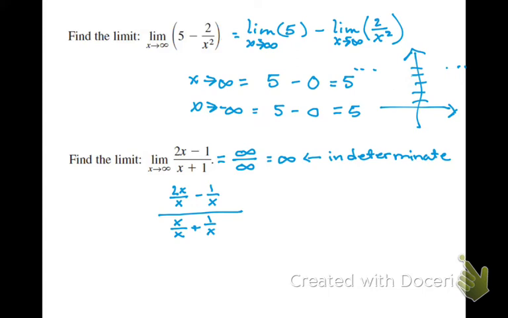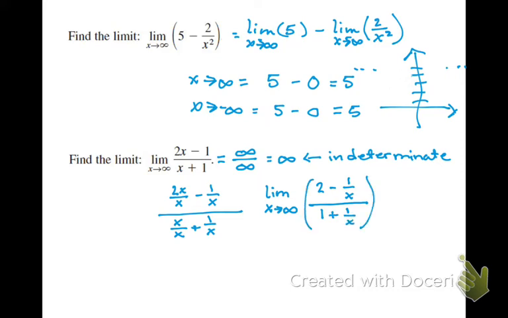So if it was x squared in the denominator, you would divide everything by x squared. So this is going to give us the limit as x approaches infinity of 2 minus 1 over x, over 1 plus 1 over x.